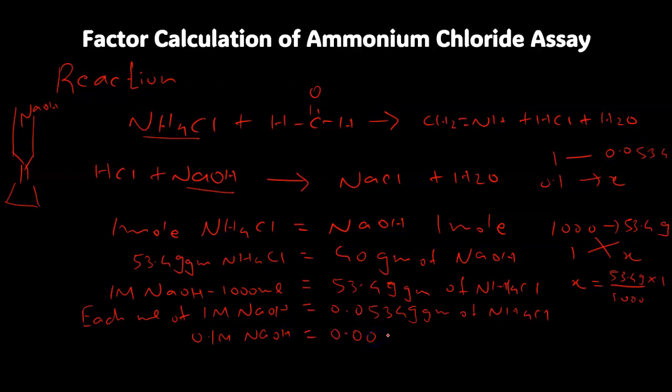So 0.005349 gram of ammonium chloride for each ml of 0.1 molar NaOH. Each ml of NaOH will neutralize this many grams of ammonium chloride. This is how you can calculate a factor and utilize it for an assay calculation.